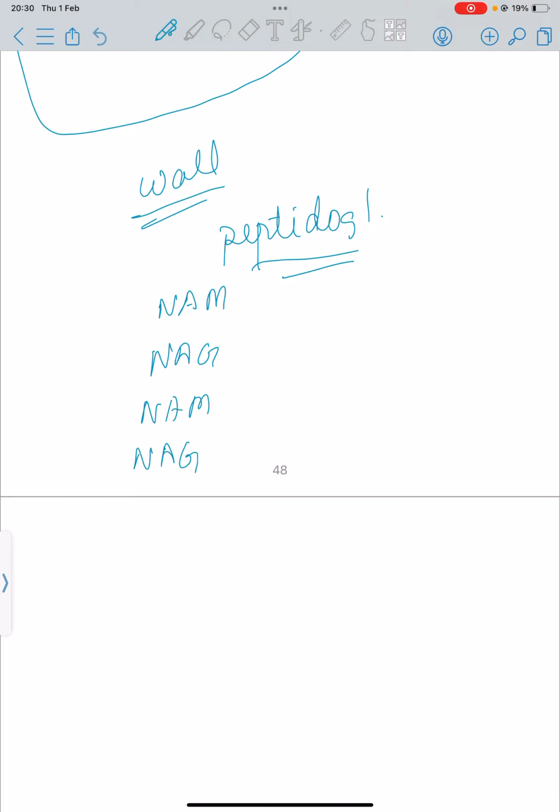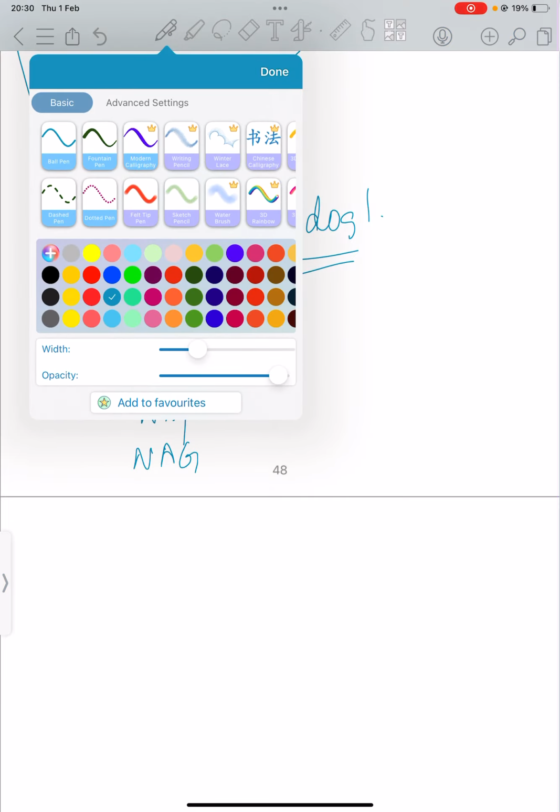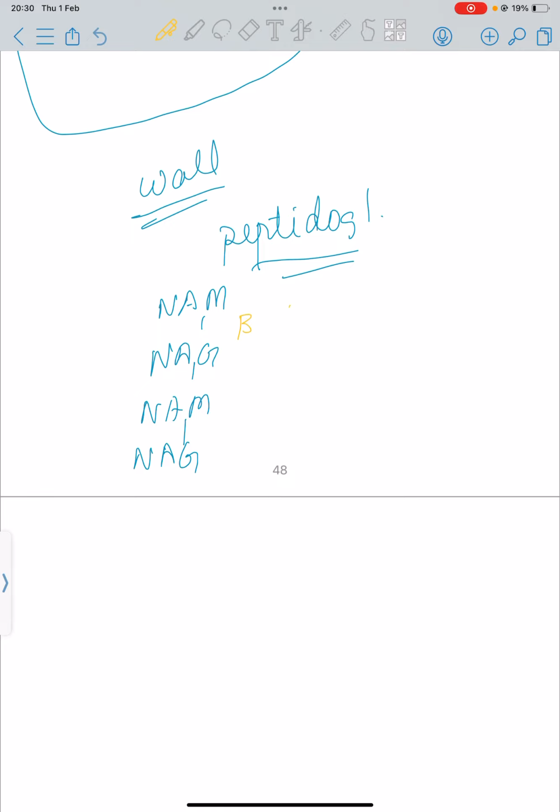Did I say it or not? Yes. How are they connected? They are connected by beta 1,4 glycosidic linkage. So, is there anything that would destroy this linkage? Yes, enzymes like lysozyme.